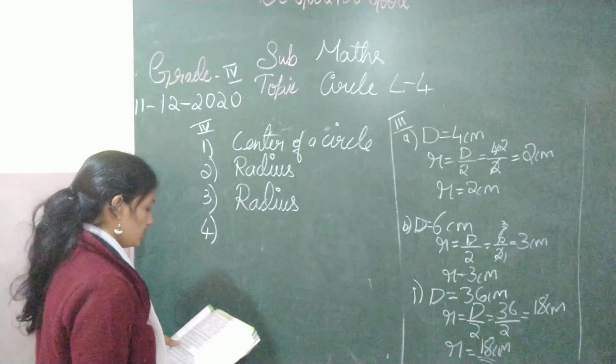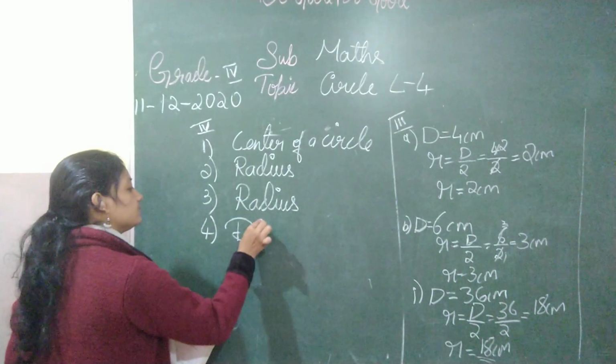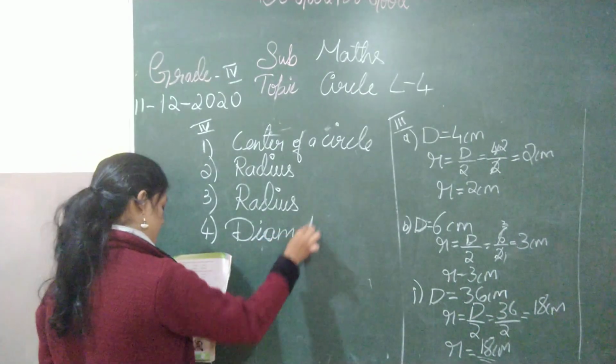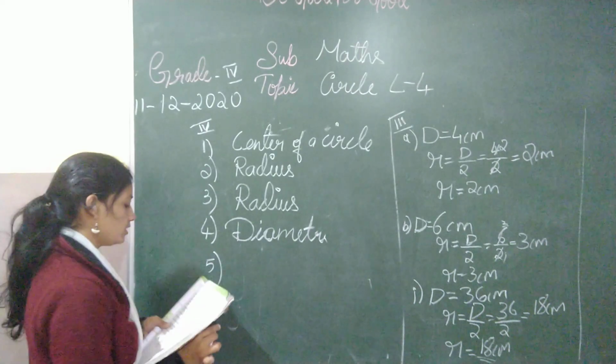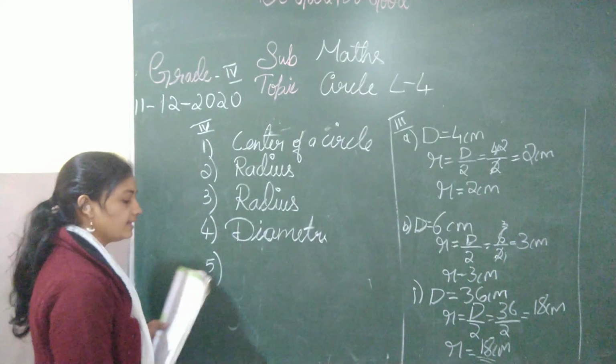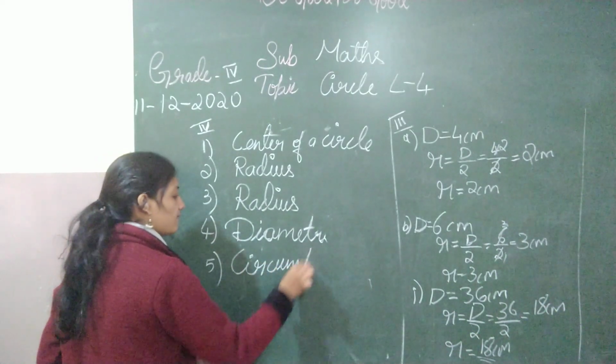Fourth one, the longest chord of the circle is diameter. Fifth one, the boundary of a circle is called circumference.